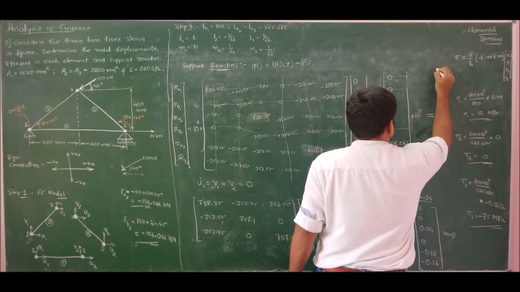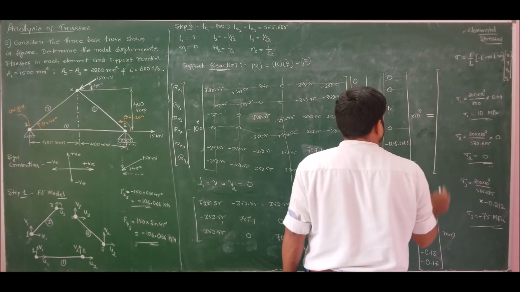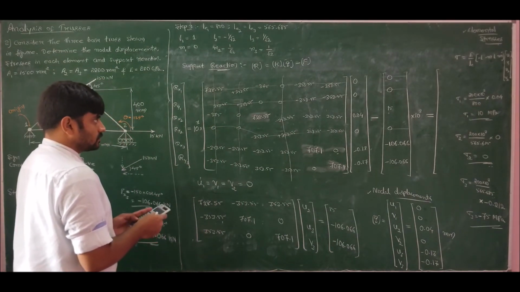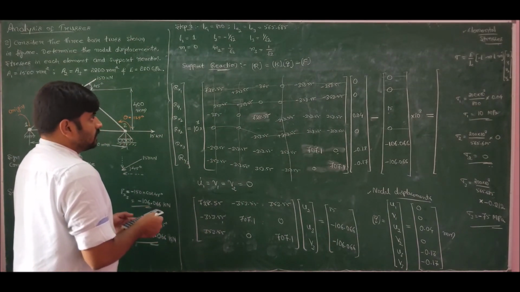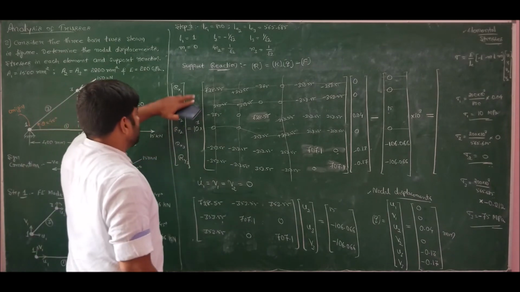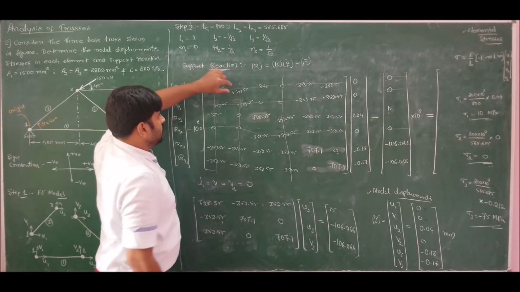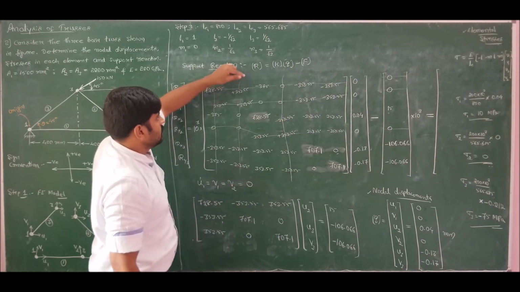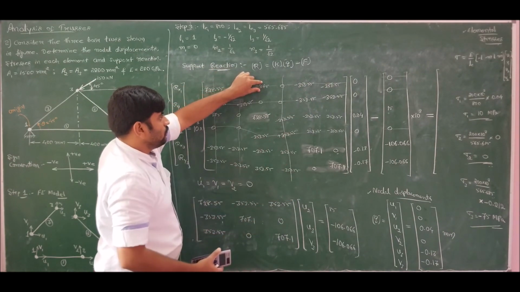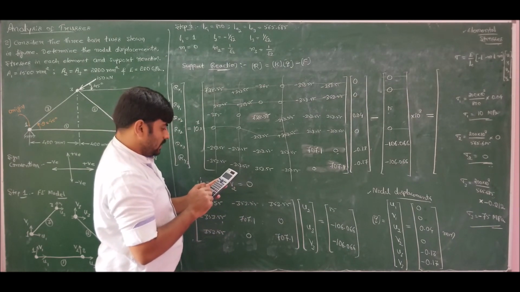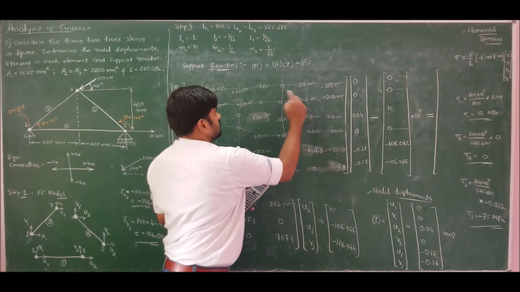So the answers are turning out to be, now we have supports at node number 1, so therefore I should solve for node number 1. So this will get multiplied with 0, leave it, this will get multiplied with 0, leave it, this will get multiplied with 0.04. So therefore we have minus 375 multiplied with 0.04 plus 0 into this one is 0.